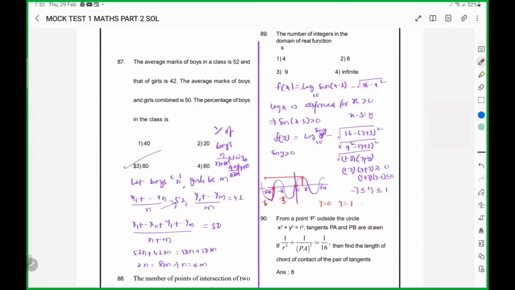You have 3.14, right? 6.28. Y equal to minus 4 comma minus 5. So totally there are 4 integral solutions.